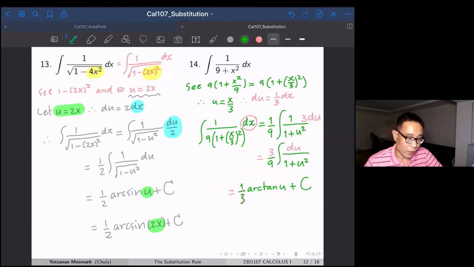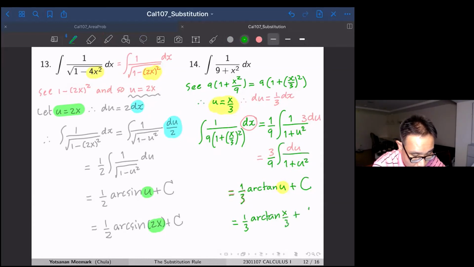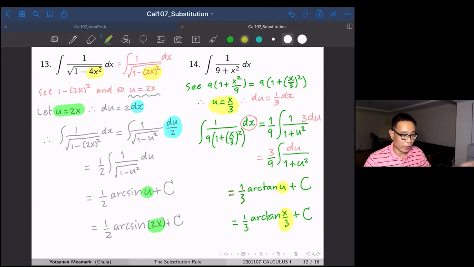And what is u? u is x over 3. So it's going to be 1/3 arctan of x over 3 plus a constant. This is how we answer it.